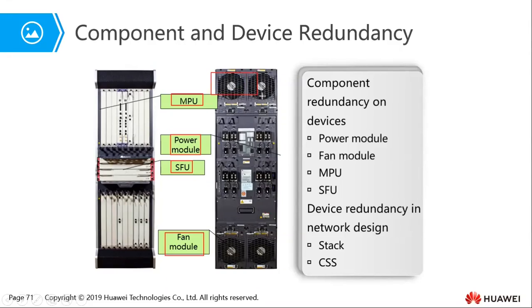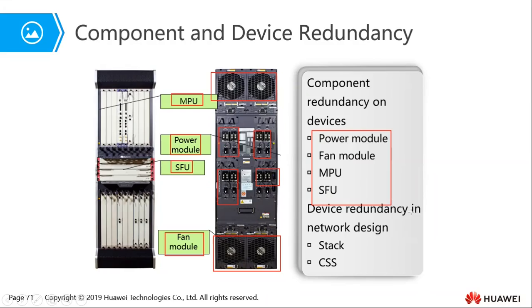So if the fan at the top goes down, the fans at the bottom can still sustain this particular device. We also have multiple power supplies, and therefore if one shorts, then the other can still work, for example. So these are some of the things we are talking about when we talk of component redundancy: power module, fan, MPU, SFU.